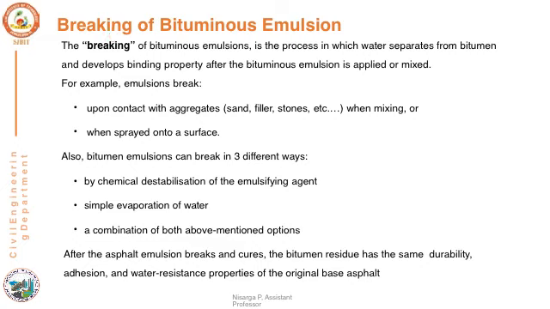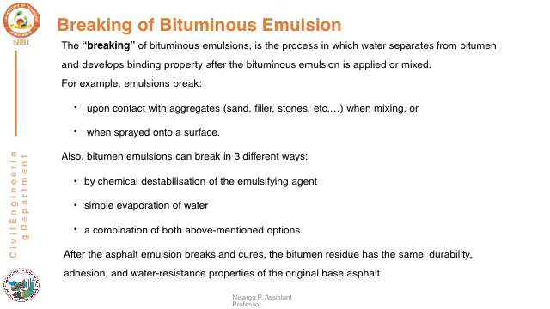Breaking of emulsion is the process in which water separates out from the bitumen and develops the binding property after we apply the bituminous emulsion in some application. Generally, emulsion breaks upon contact with aggregates. It can be sand, filler, stones, etc.